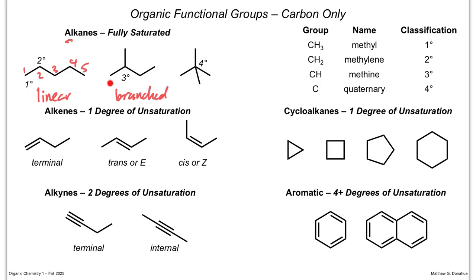Again, branched just means as you're walking along the path, well, hey, I can take a different path. So in this numbering system, carbon 2 ends up being tertiary, and that's called methine, a CH group.